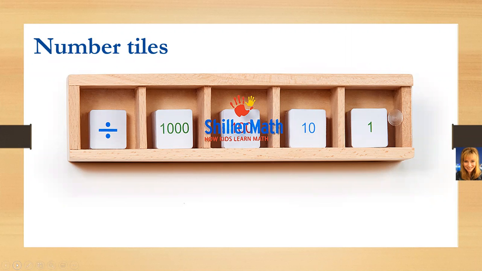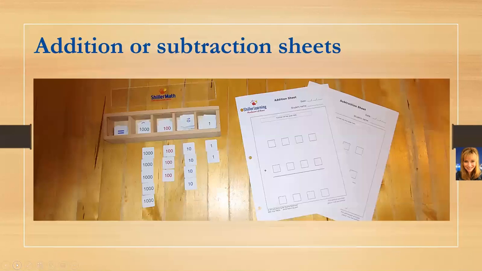So you're going to want your number tiles. If you've opted for the virtual kit, you do have downloadable printable number tiles, so you can just print those out in color. I recommend printing those on tag board and having your child be the one to cut those out. Okay, so you'll need your number tiles as well as your addition and subtraction sheets.